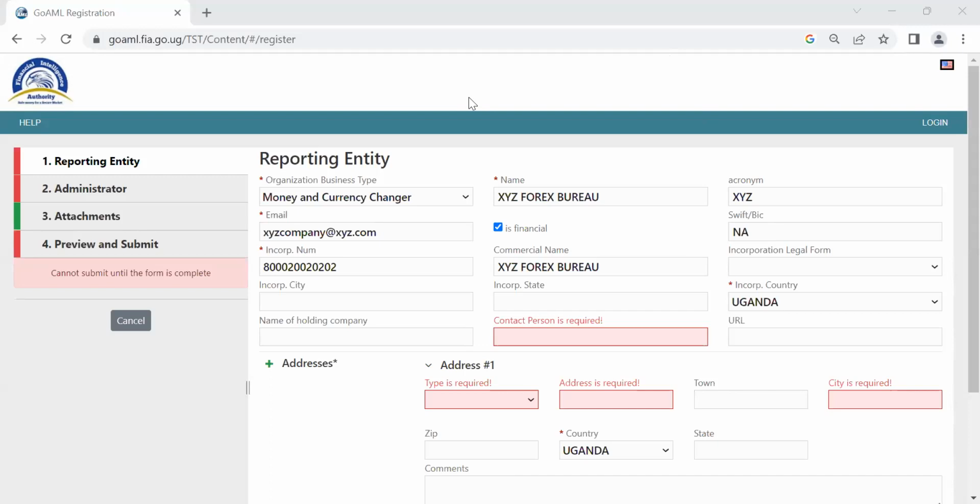Brian has shared something on the chat, just click search. Hi, Ivan. Yes, please. I've seen the certificate of incorporation.